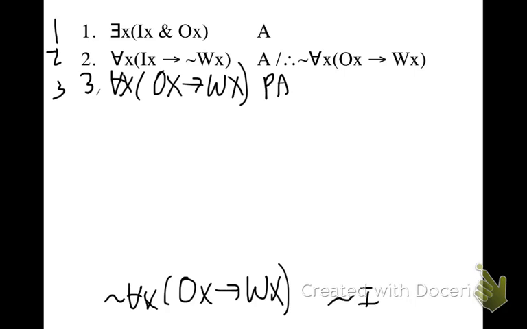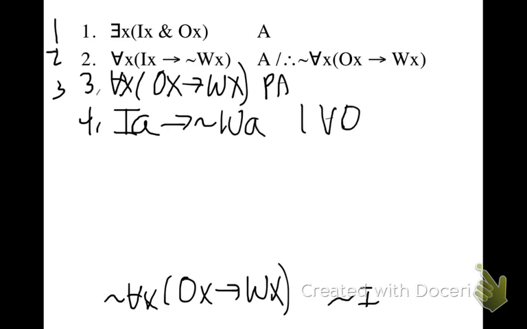If we instantiated either of the two universal formulas first, let's say we did line 2, so IA arrow not WA by one universal out, well, then when we went to do the existential, we couldn't use the letter A, because A wouldn't be new to the proof, since we already would have it on a previously derived line.